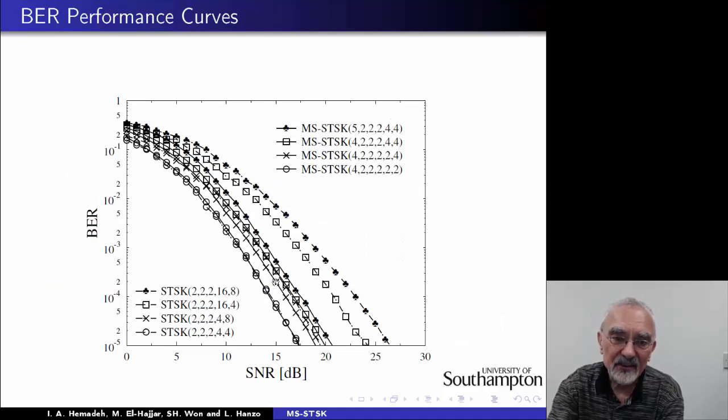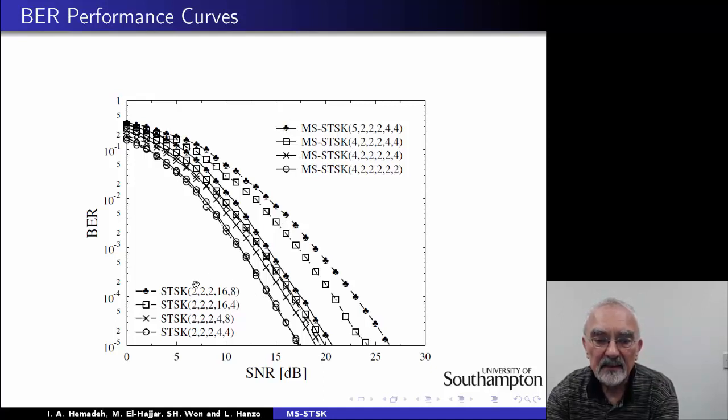So we're almost done, just really to look at the achievable performance and compare the classic STSK and the multiset space-time shift keying scheme. So the proposed scheme is represented by the continuous lines, whereas the benchmarker is by the dashed lines.